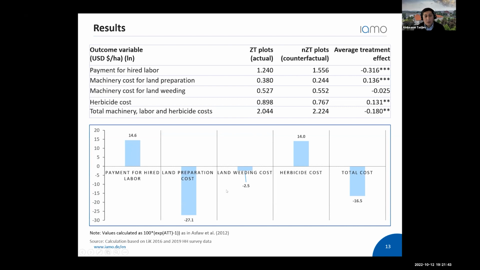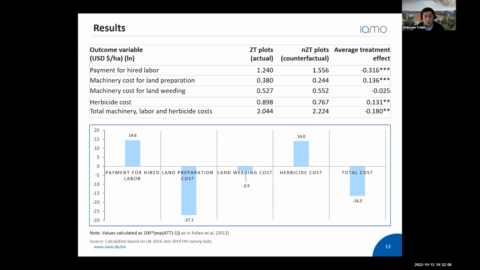However, labor costs and herbicide costs will be increased by adopting zero tillage methods. But in general, total cost will be decreased by using zero tillage methods.